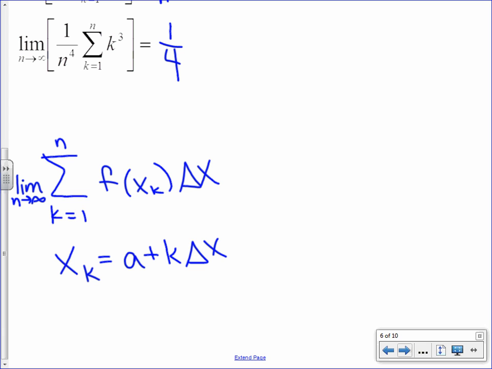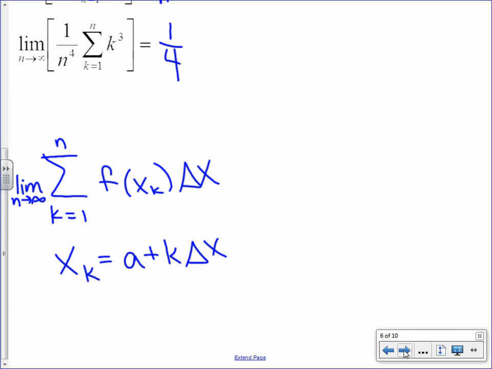K, we start k as 1, right? What I just wrote here is describing a right-hand rectangle. Our interval starts at a, and so we're going to use the right-hand side of it. So we're going to add our thickness, and we can plug that in for our height.